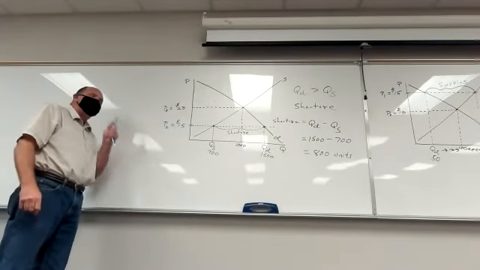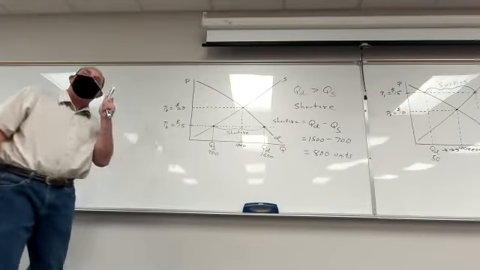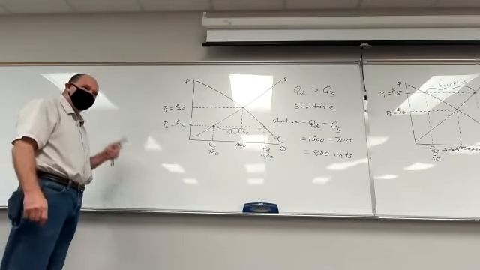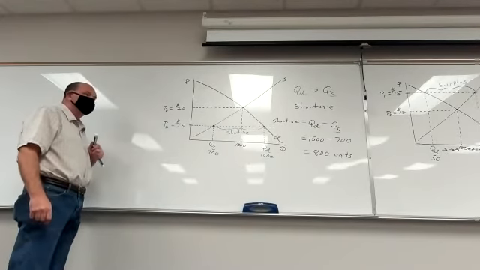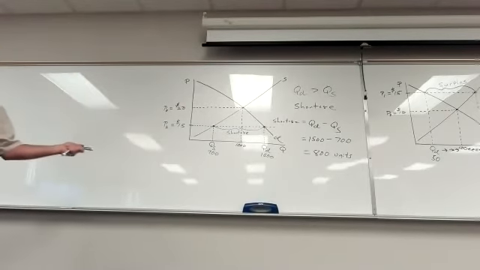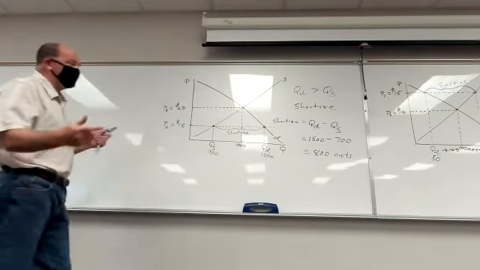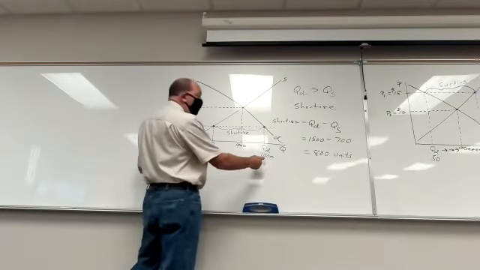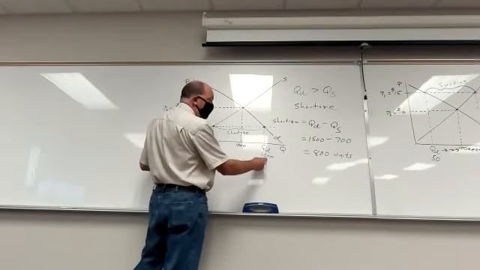Is there any reason for the demanders to be happy with the price of $15? Yes. Because it's cheaper, right? We like lower prices. It's a good thing. But are lower prices always a good thing? Not necessarily, because in this case, we may be willing and able to buy 1,500 units.